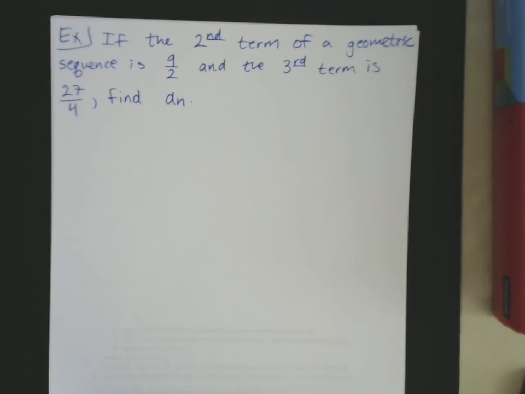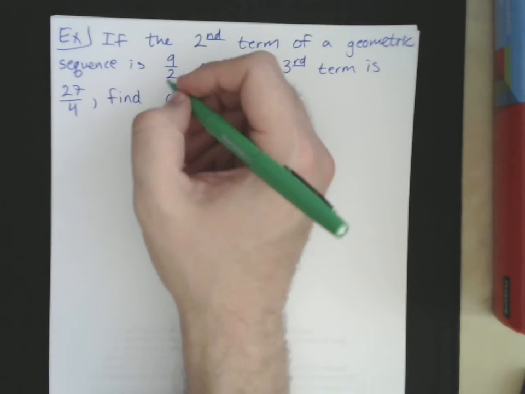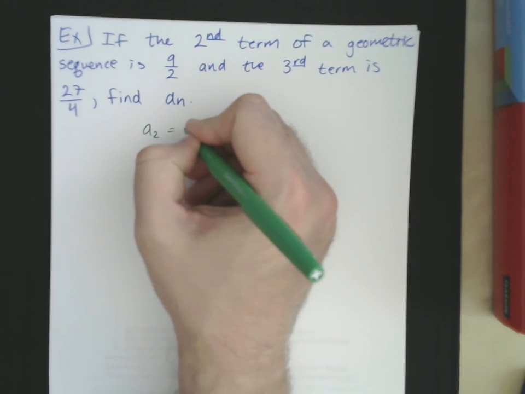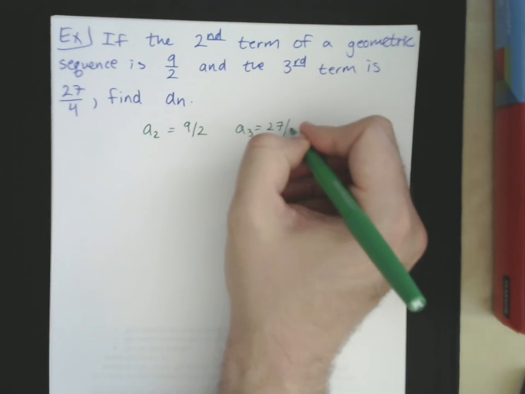So this is essentially the same problem we just did, only smaller numbers. We're not looking at the 40th term or the 197th term. So we know that a sub 2 is 9 over 2, and a sub 3 is 27 over 4.